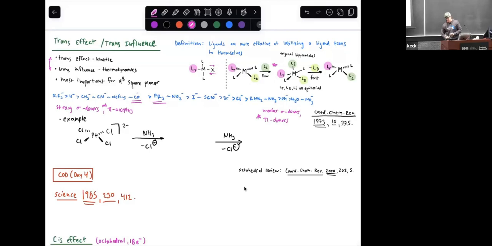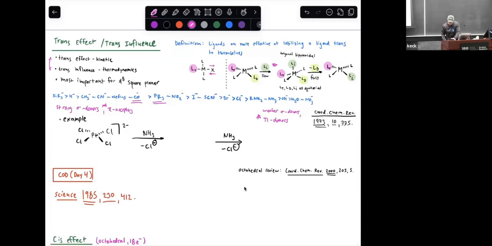Now, in a trigonal bipyramid, there's this interesting feature that along the equator, those positions have higher basicity. There's more electron density. And so ligands that have pi accepting character would prefer to be oriented around the equator.